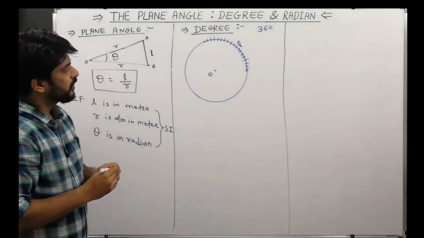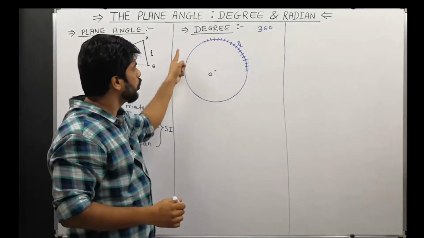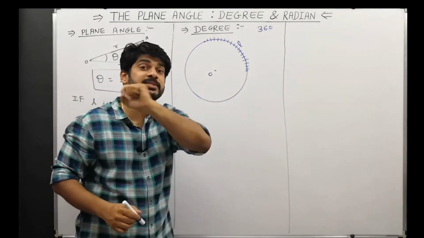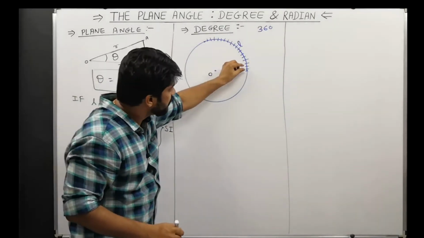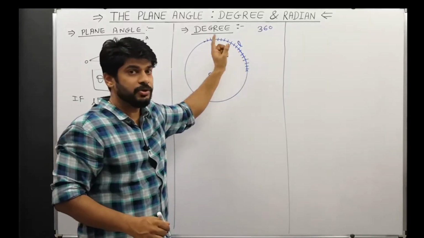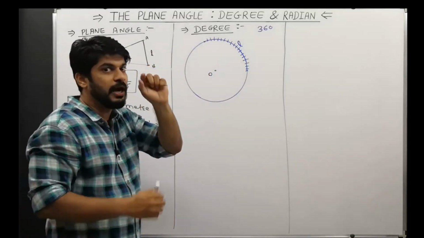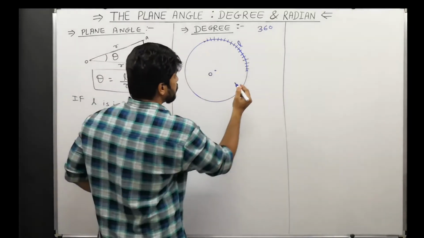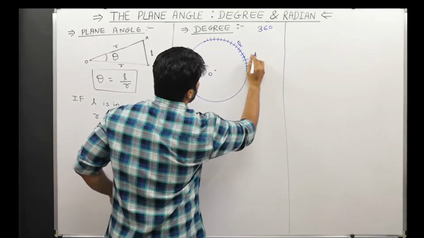If I divide this whole circle into exactly 360 parts, then each small arc is going to be very small, just like we drew those arcs. Same here, you will have very small arcs.